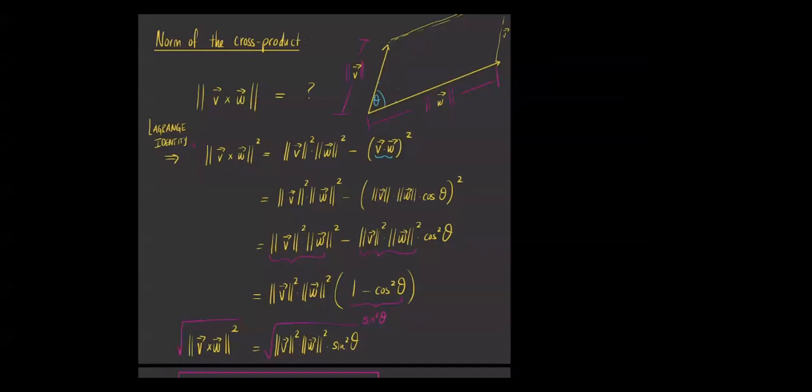Theta. And then if I draw this line here, what is this orthogonal line segment that I drew here? That is called the height, right? And the height can also be written using theta. It's the hypotenuse times sine of theta. The hypotenuse is the norm of v, multiplied by sine theta.